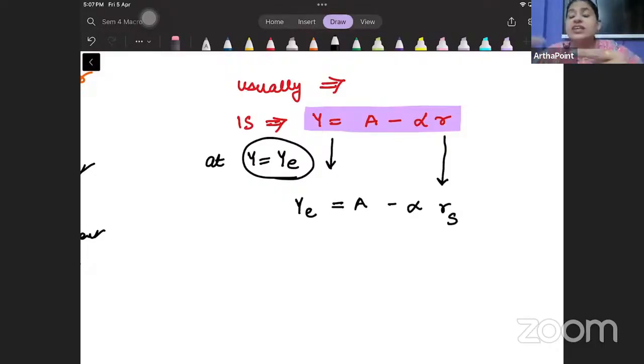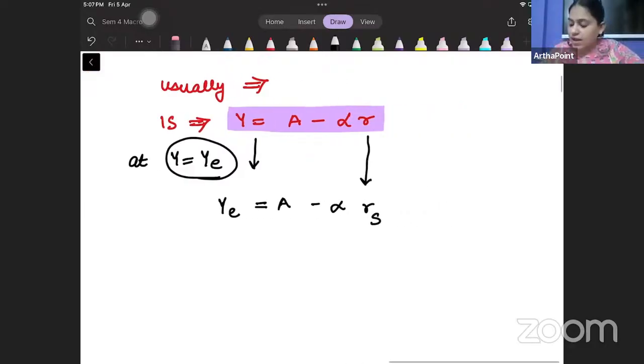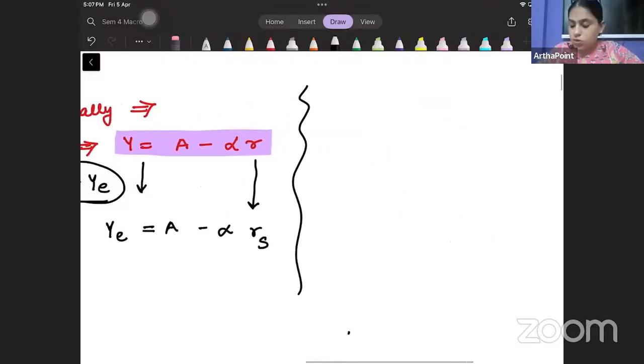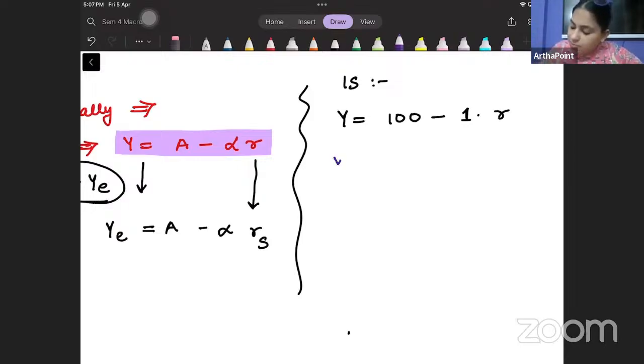So when Y is equal to YE, when Y is at the natural level, let me give you an example. Suppose I am telling you that beta, my IS equation is y is equal to 100 minus alpha, where alpha is 1, times r. And my full employment level of output is 90. Find r. So what will you do? You will put 90 here.